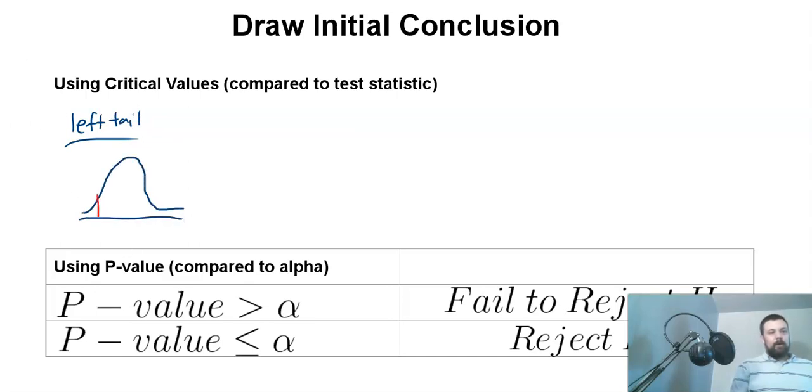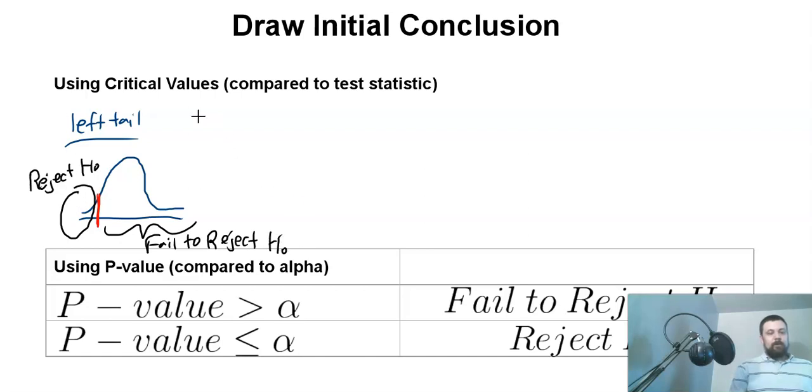Let's say your critical value is right here. If your test statistic ends up further to the left in the left tail, you will reject the null hypothesis. If it's anywhere to the right of that critical value, you will fail to reject the null hypothesis.